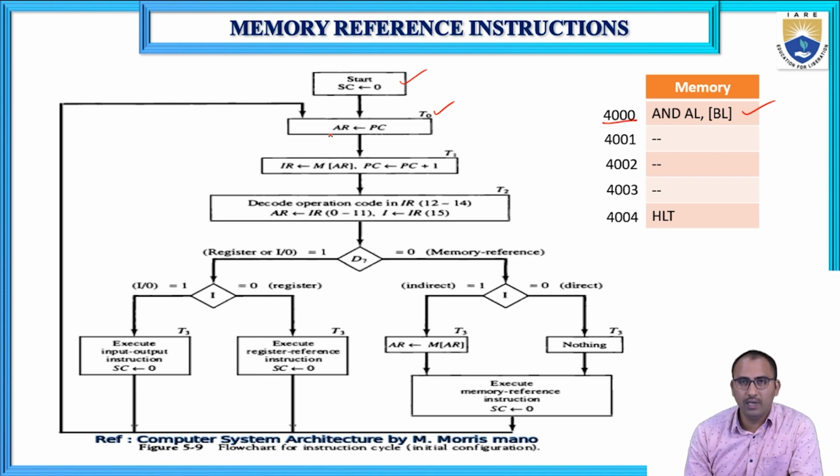In order to fetch this instruction, first we require its address, which is stored in the program counter. That's why we first load the program counter address into the address register. That operation takes place during the T0 cycle.